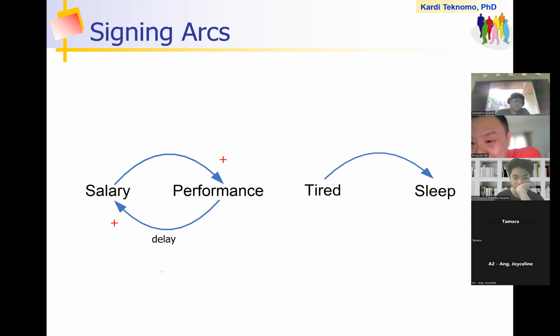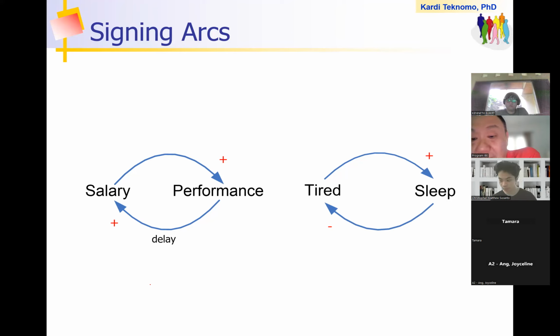The more tired you are, the more sleep, right? The more tired you are, the more sleep you need. So this is plus, isn't it? Now, the more sleep you have, the less tired you are. Is that correct? So in that case, negative. Is it clear or not?